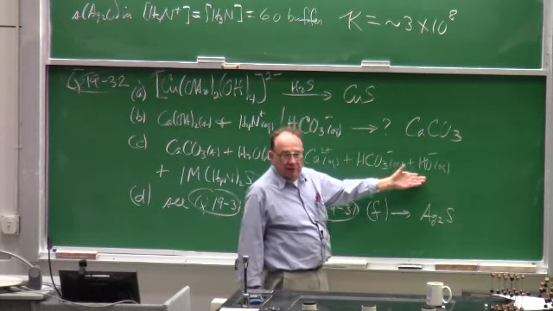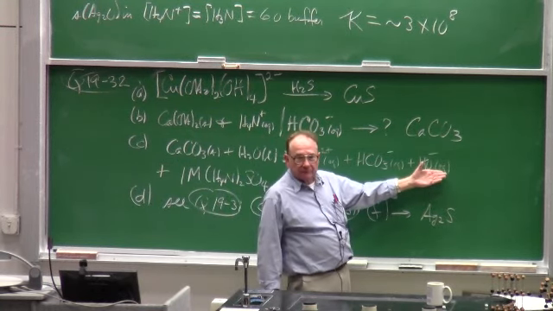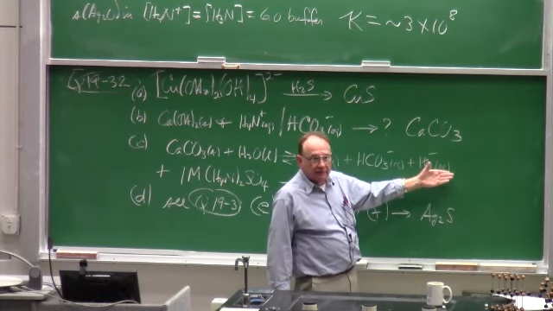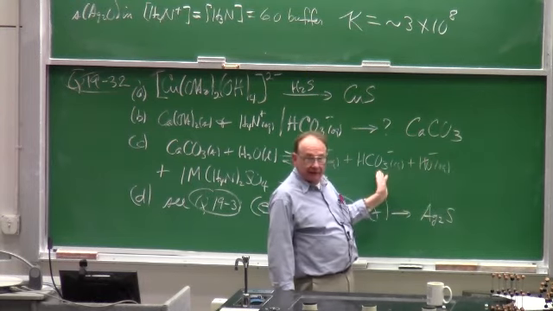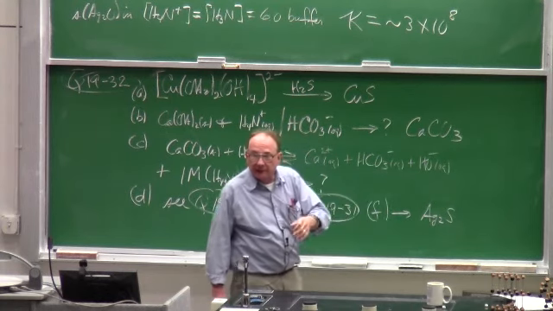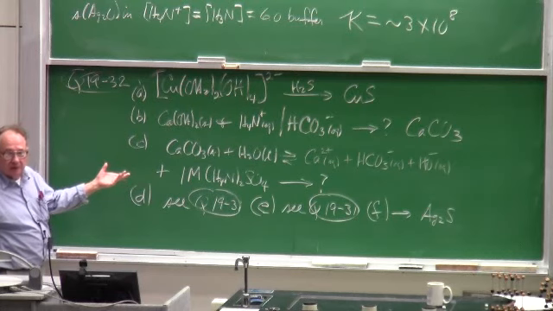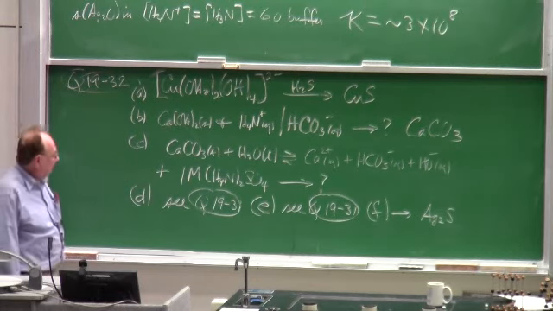An equilibrium with a very small K value, 1.3 times 10 to minus 12, given that we've calculated this K value and used it a number of times during in-class analysis of calcium carbonate in water solution and its solubility.